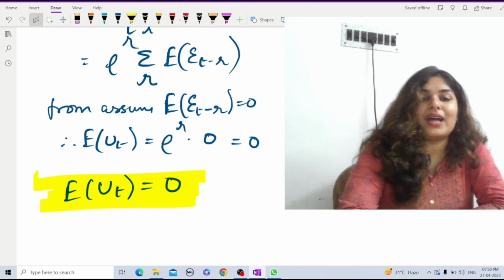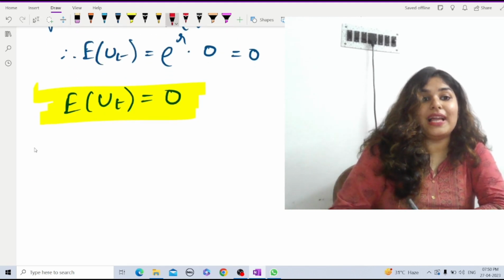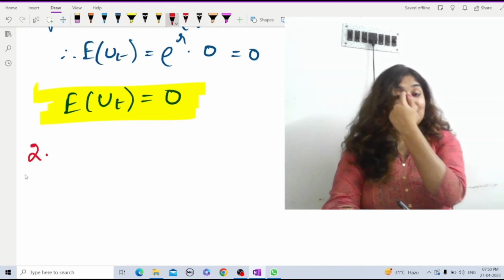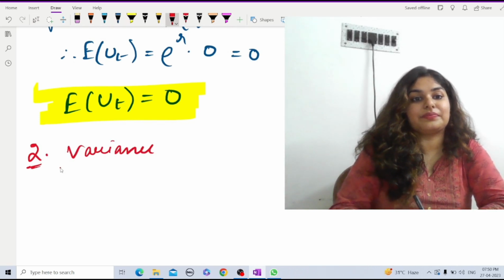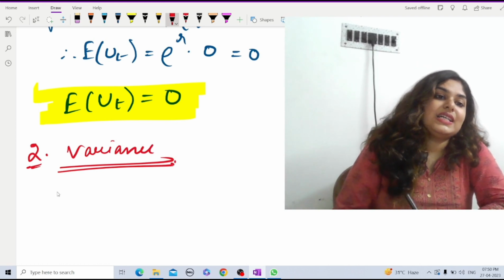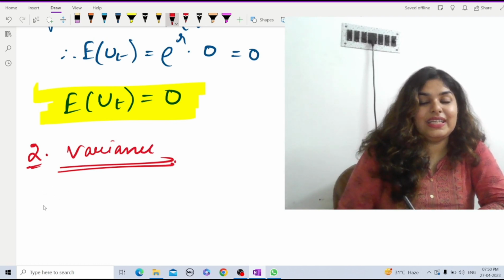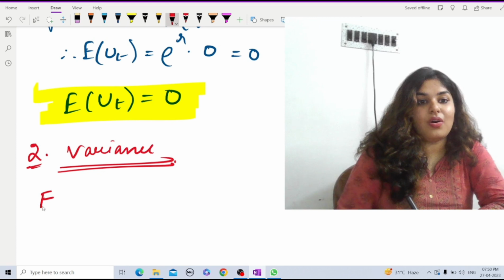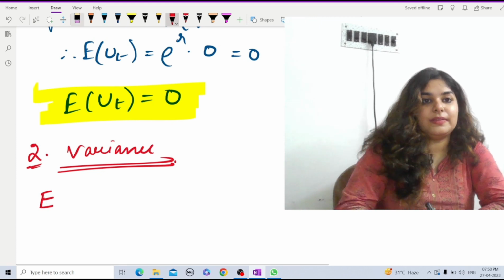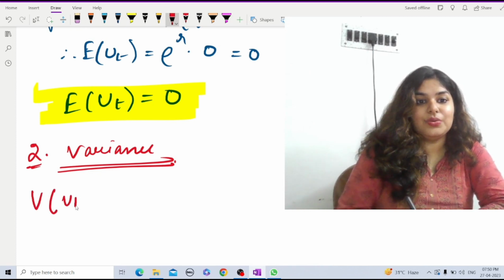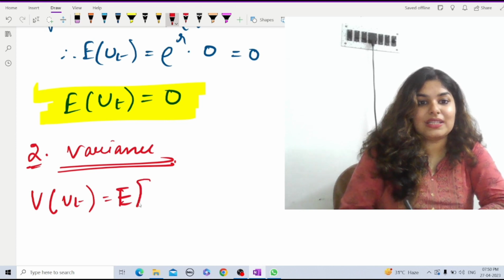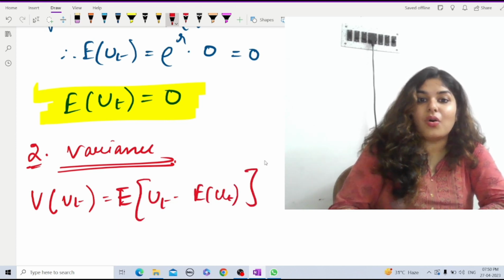Now next, we are heading towards calculating the variance of ut when it is autocorrelated. So for that we will need what? Variance of ut equals the expectation of ut minus E of ut, whole square.